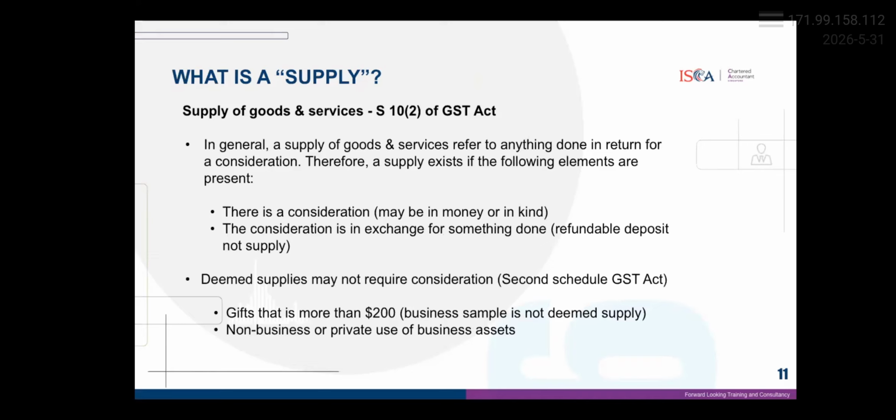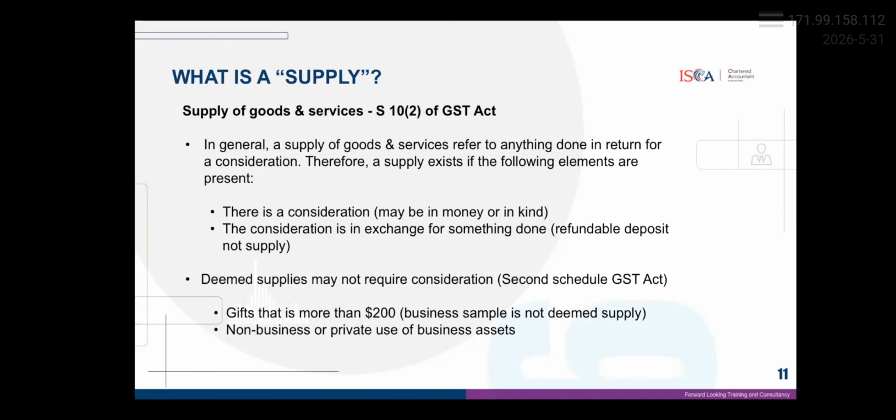The question then is, what is a supply? How do I know that a transaction, that sale, is considered a supply that may attract GST? In general, a supply of goods or services refers to anything done in return for a consideration.